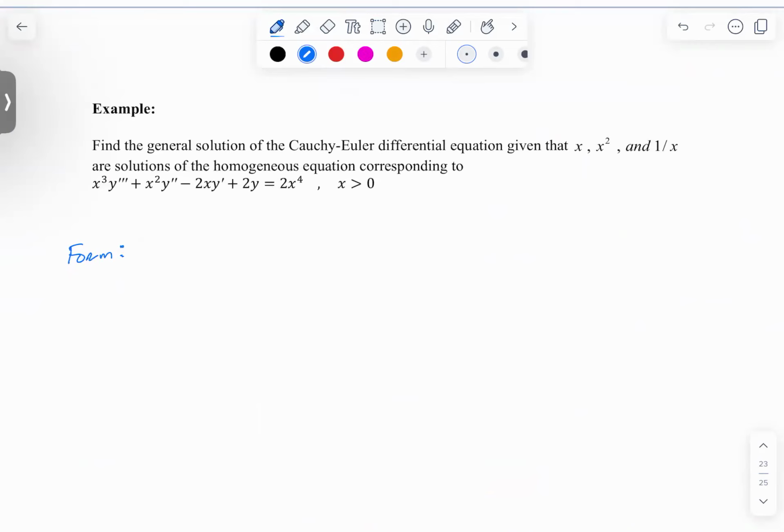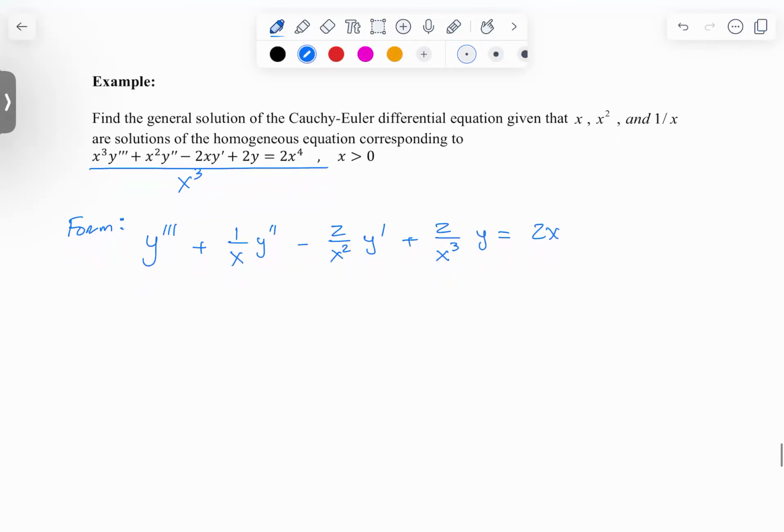So all I have to do is take this whole thing and divide it by x cubed. That adjusts our g of t, or g of x now.